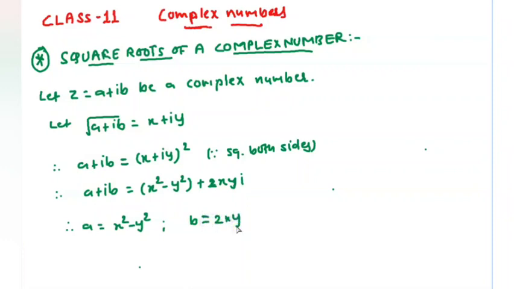So we have obtained two equations. These equations I will write down one more step. x square minus y square is equal to a, say this is number 1, and 2xy is equal to b. This is result number 2.